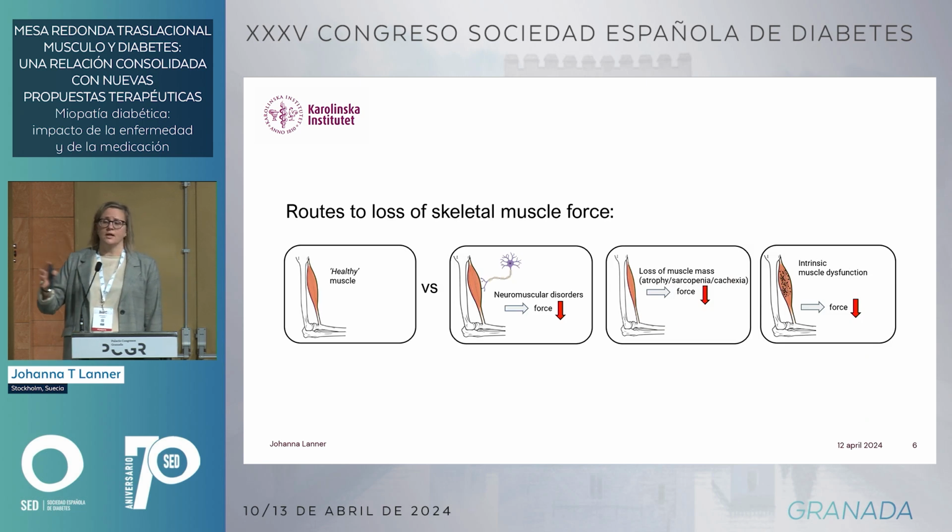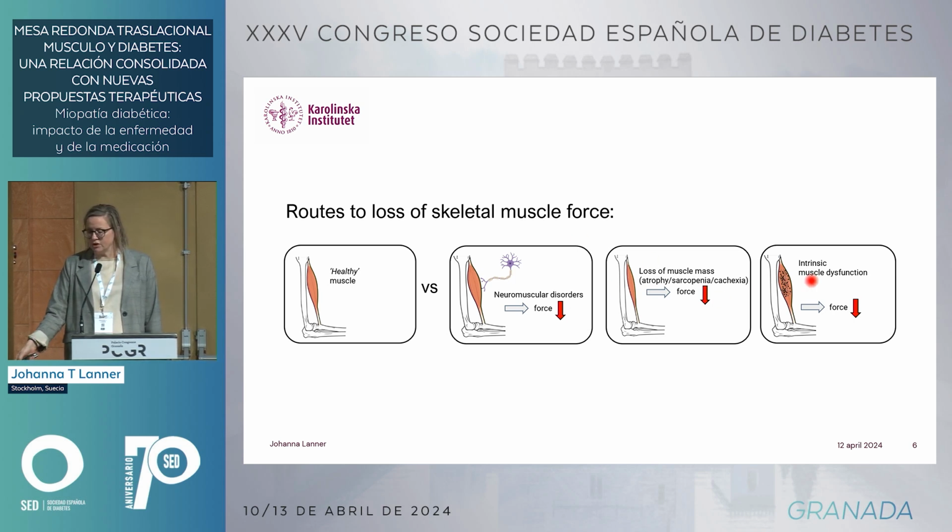And just as a summary, if we lose the ability to generate force and get weak, that could be for several reasons. It could be that you lose the neuromuscular interaction, which you do in ALS, another severe disease that you all know about. But also, if you lose muscle mass, it's intuitive to think that you also have reduced capacity to generate force.